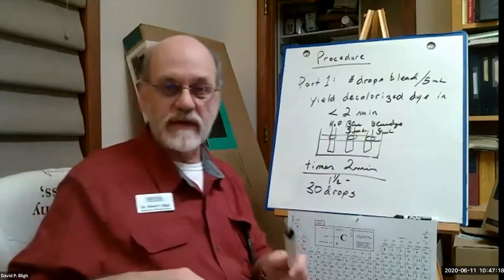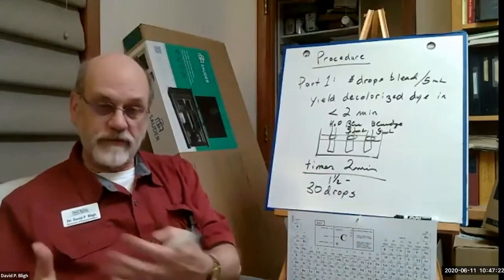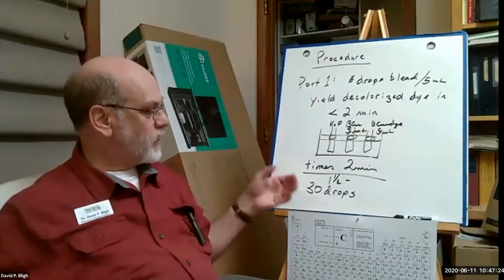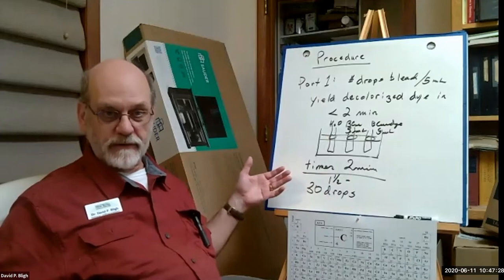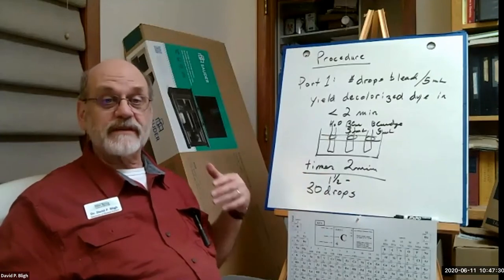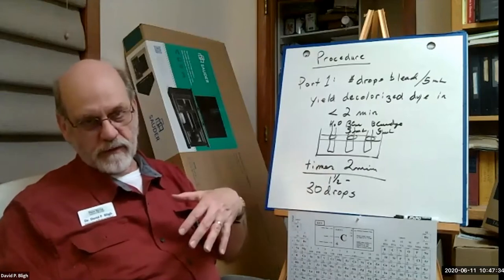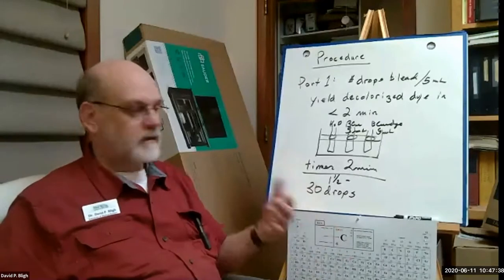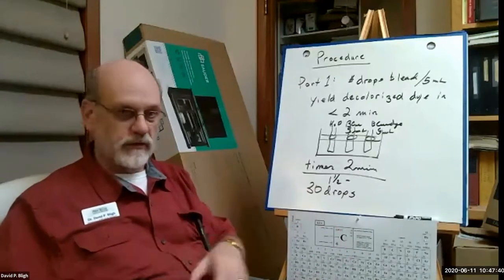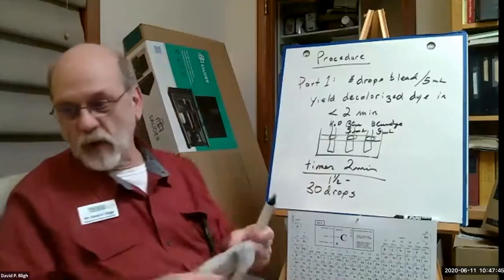So that's why the document I showed you was the mass of 30 drops, because you want to know how much bleach you actually added. And by using the density of 1.09, we can determine so many grams of 30 drops of bleach gives you a certain volume, and those calculations you'll see right there in that document. Okay, that's part one.